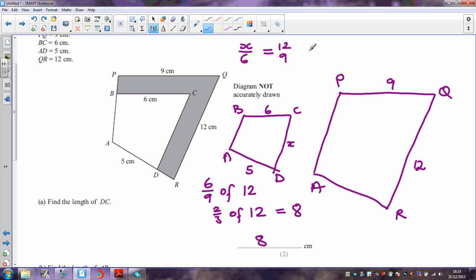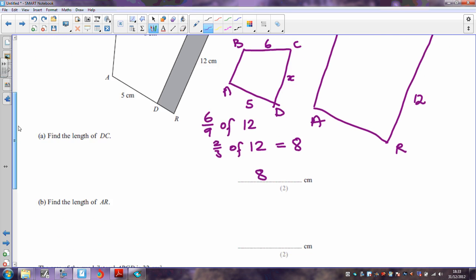Now, if I just now multiply both sides by 6, x must equal 12 times 6 divided by 9. And I can see that everything cancels here. 3 goes into 6 twice, 3 goes into 9, sorry, 3 times. And also the 12 and the 3 becomes 1 and 4. And you're left with 4 times 2, which is 8. And that's another way of thinking of it.